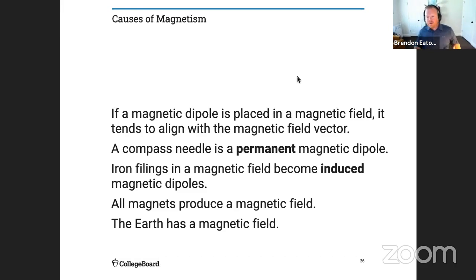Now, all magnets also produce a magnetic field. That's kind of an important fact to know, and you probably remember what those fields look like around magnets or magnetic objects. But more specifically, I said this a couple of times already, the Earth itself has a magnetic field as well. It's an important fact to know going forwards and kind of applying that to a couple of different situations that we'll talk about in just a little while.